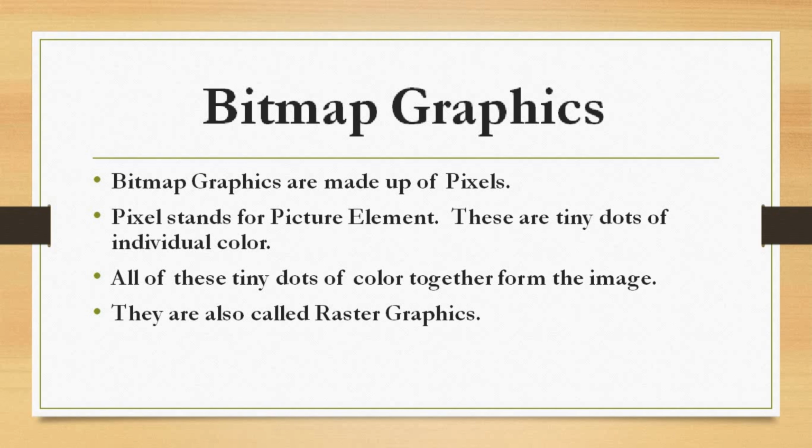These bitmap graphics are also called raster graphics, and they are resolution dependent. Got it? All the graphics made up of pixels are called bitmap graphics. So what is a pixel? The tiny dots which have a particular color.